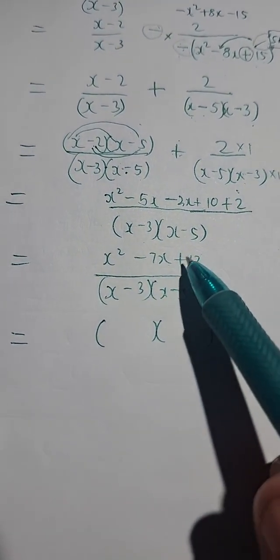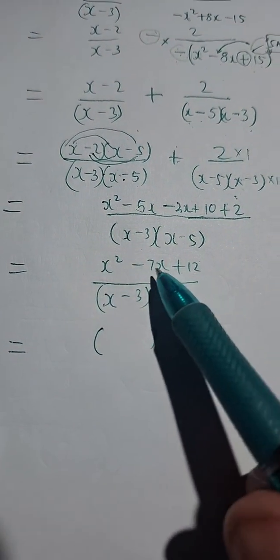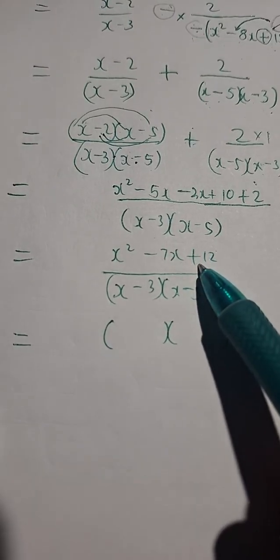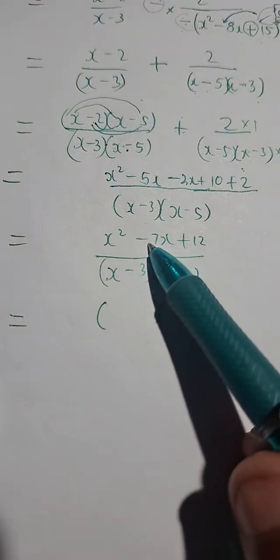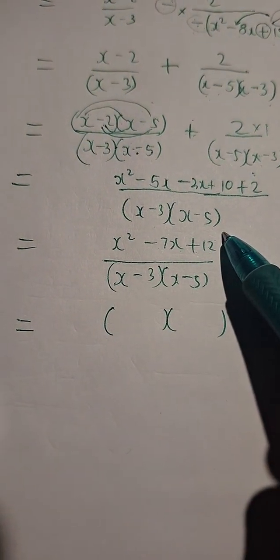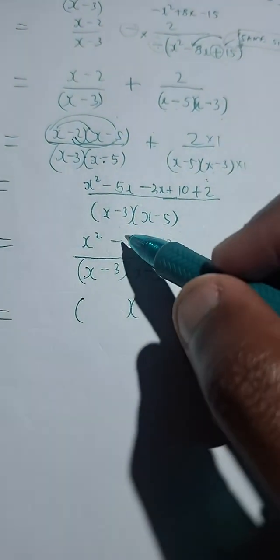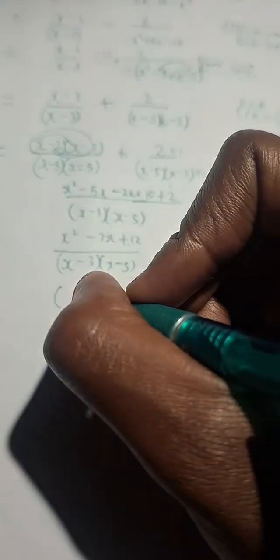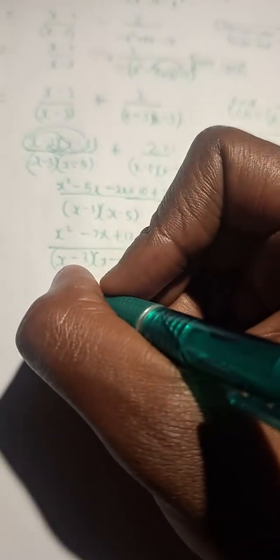This constant term is positive, and it seems like I can get the factors of 12, which when I multiply give me positive 12, when I add them give me negative 7. What are those factors of 12? So firstly, positive means same signs, according to the mother. So we have a negative and a negative.